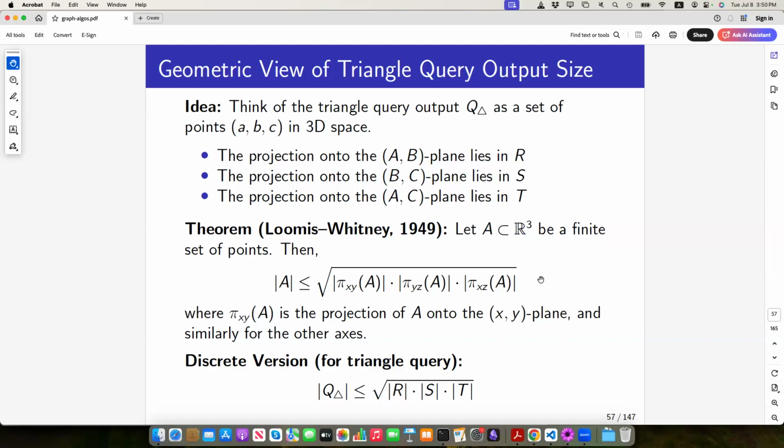It's a very beautiful result, right? So you see how such a simple thing connects to very deep mathematical results. And actually, in the case of triangles, where, as we said, R, S, and T is just a set of edges, you get that the total number of triangles in a graph with m edges is at most m to the 3/2, which happens when you have a clique.